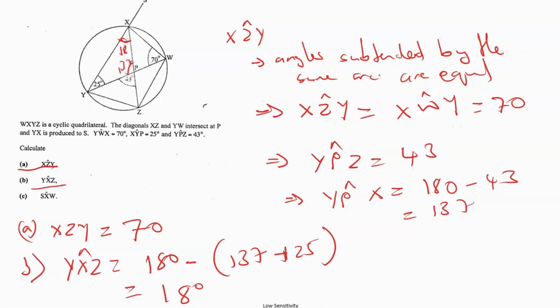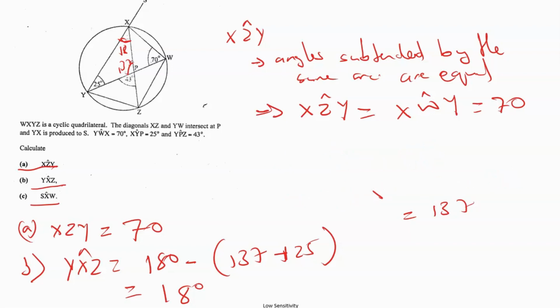And now the last angle that we need to calculate is C here. I'm going to get rid of some of this information so that we have space to work with.